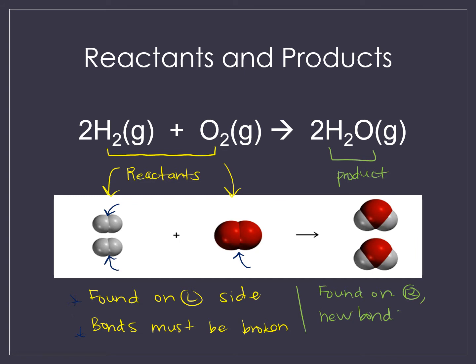New bonds formed. So when the bonds in the hydrogen and oxygen are broken, the new bonds between hydrogen and oxygen atoms are formed. So this is a new bond here. This is a new bond there. New bond, new bond. So products found on the right, they represent new bonds being formed.